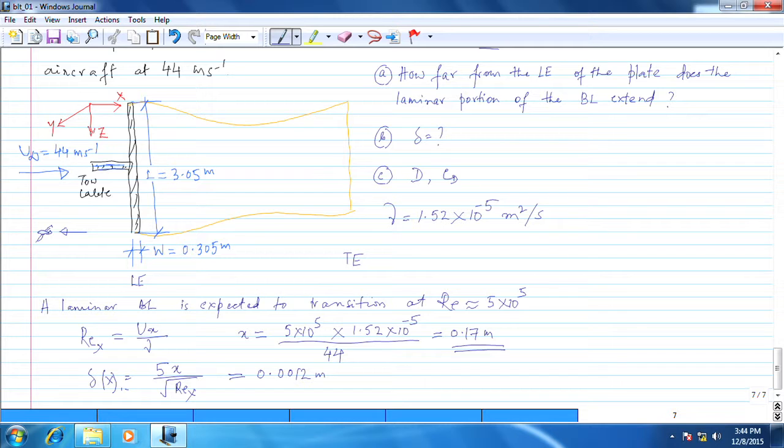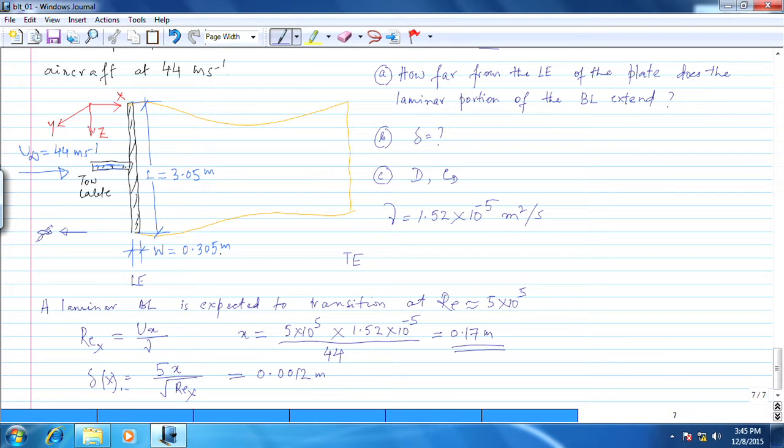So, please note that, and what we are therefore now saying is that a boundary layer is kind of developing this way, over the plate. It's got very little place to develop, the width of the plate is like 0.305, and then there is this part, which is kind of flexible, so therefore it was important to find out how far the laminar portion of the boundary layer extends, and what we see is that it lies within the plate width, which is 0.305.